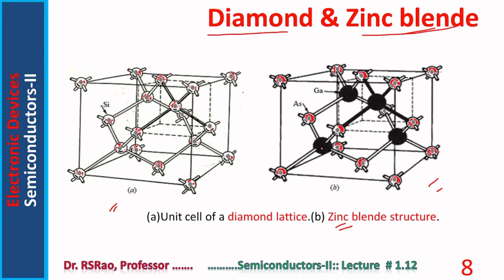Some are not black. Black are gallium atoms. Non-black are arsenic. So in the unit cell, you have 2 types of atoms. So it is zinc blend. The structure of diamond lattice and zinc blend lattice is the same.